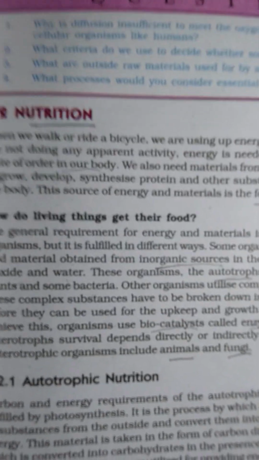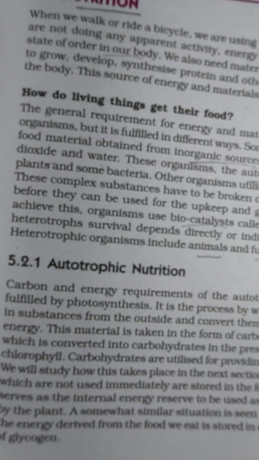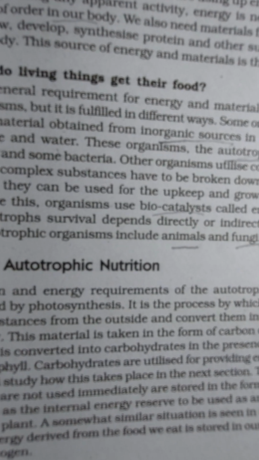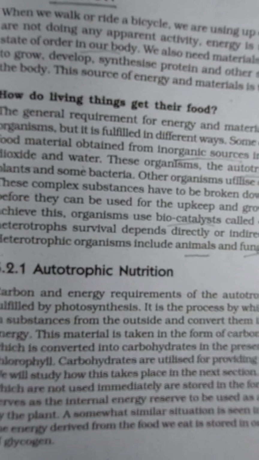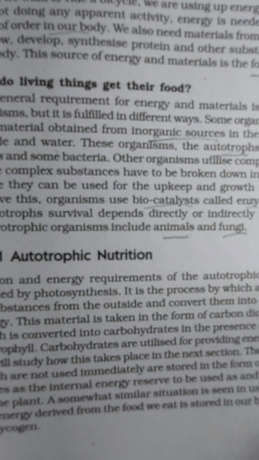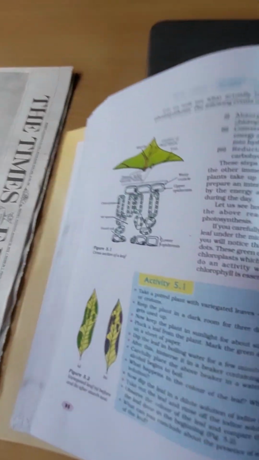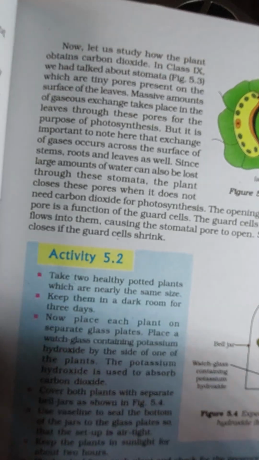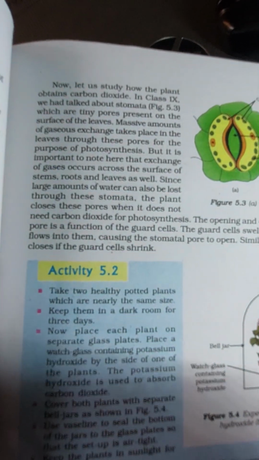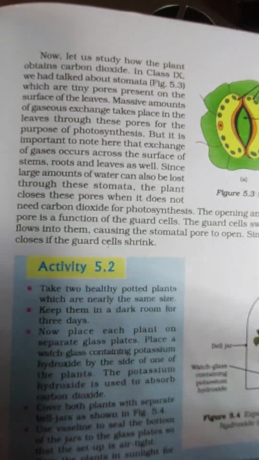And all other organisms which do not have this capacity to synthesize energy directly from the inorganic material fall under the category of heterotrophs. They all depend directly or indirectly on plants for obtaining their nutrition. So this was a brief introduction about nutrition. Now we will be studying in detail about the autotrophic mode of nutrition and the photosynthesis reaction.